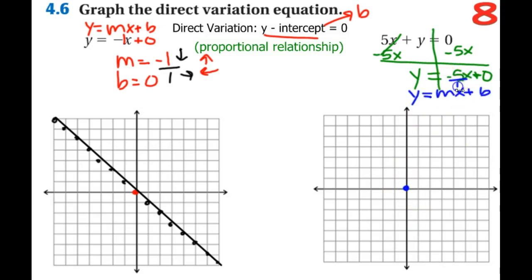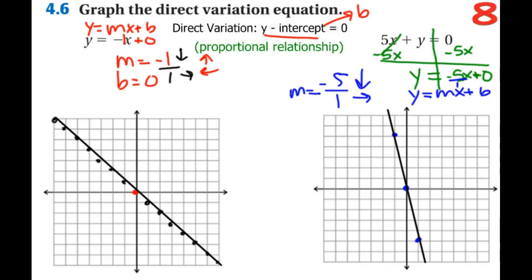And then m as a fraction is -5 over 1. So that means rise over run down first, 1, 2, 3, 4, 5, and over 1. So instead of going down and right, we can also go up 1, 2, 3, 4, 5, and left. So there we go.